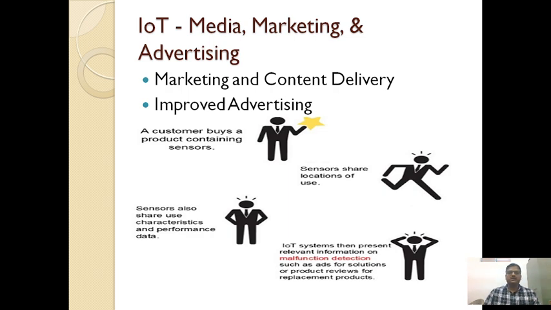Okay. Now, in marketing and content delivery, IoT functions in a similar and deeper way to current technology, analytics and big data. Existing technology collects specific data to produce related metrics and patterns over time.